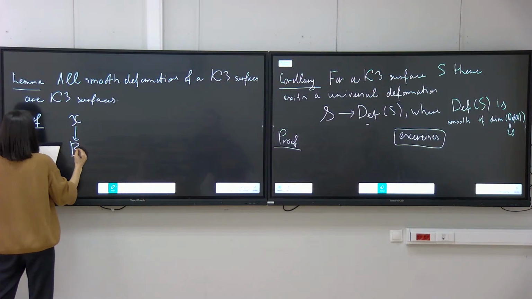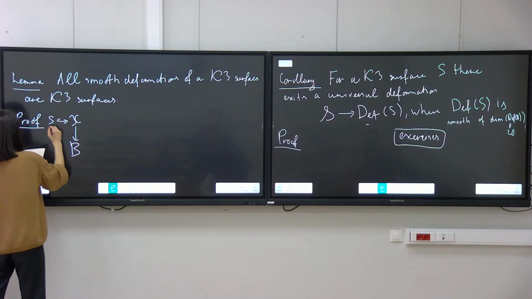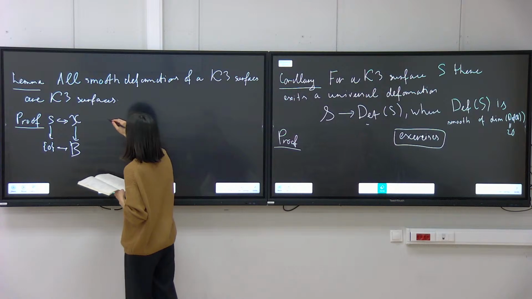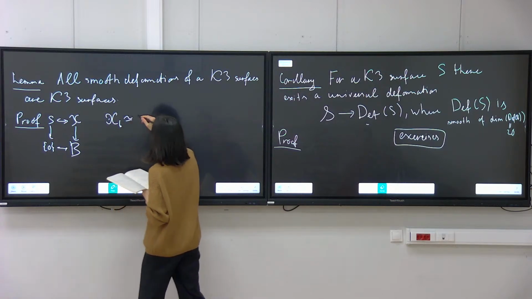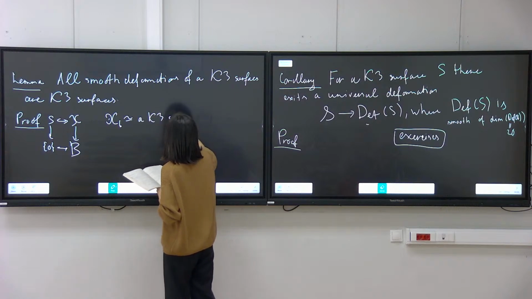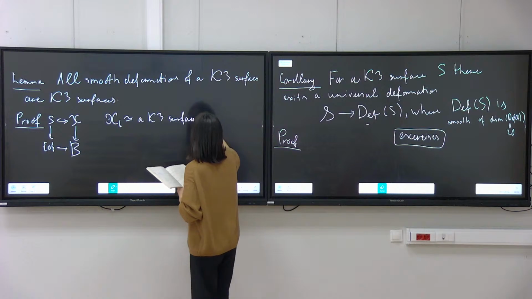then what I claim is that X_b is isomorphic to a K3 surface.